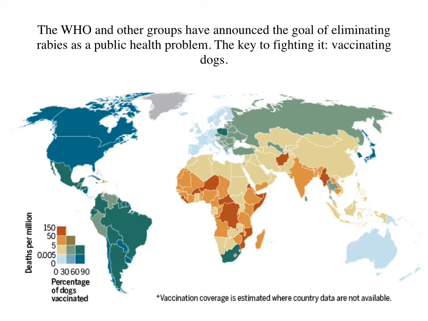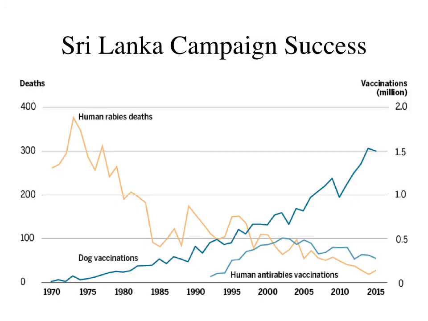After that, a lower coverage level could suffice to keep the virus at bay. The dog vaccination strategy has stopped rabies as a killer in developed nations, such as the U.S.